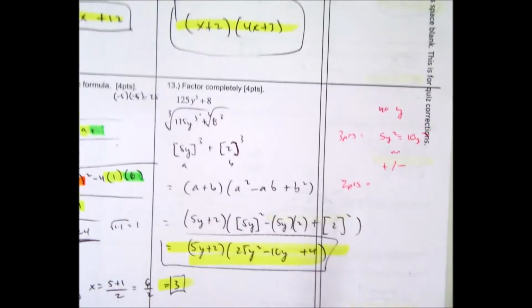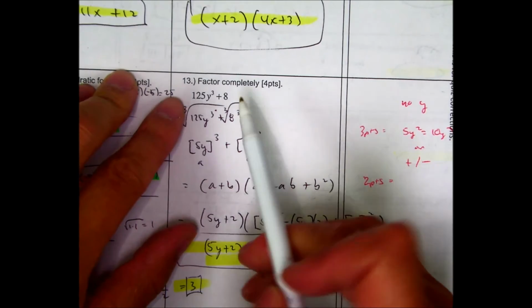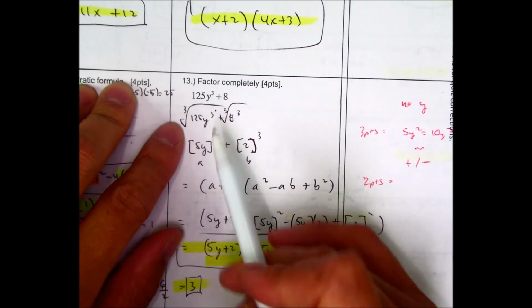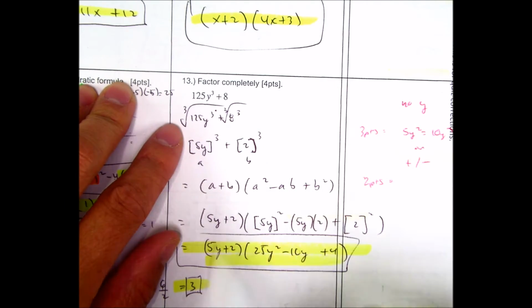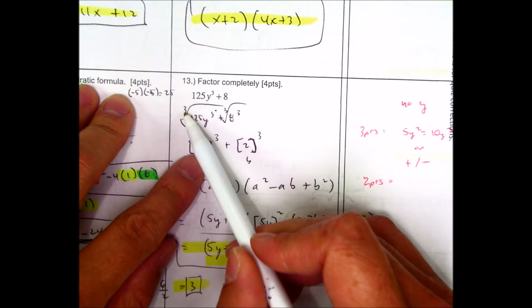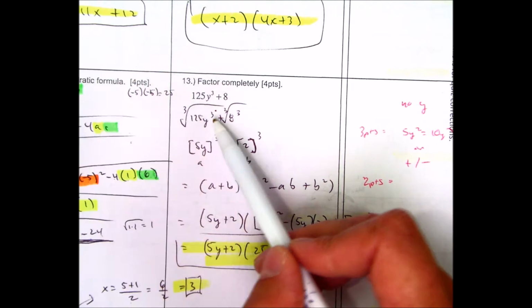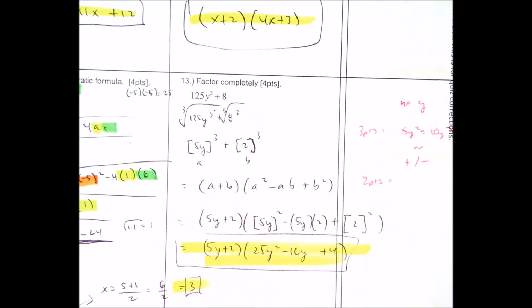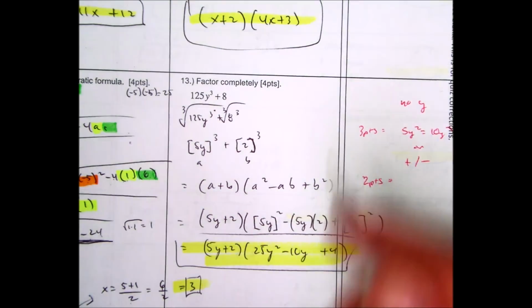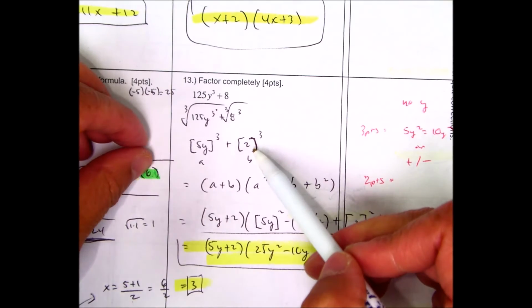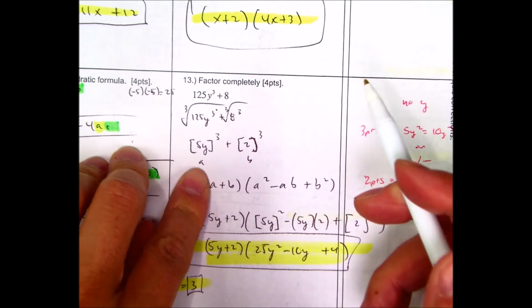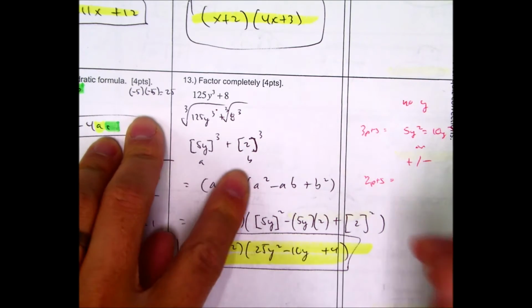Question number 3, factor completely, but this one has a power of 3. So you should take the cube root for both of those. The cube root of 125 is 5, and the cube root of y to the third is y. And the cube root of 8 is 2. So your a value is going to be 5y, and your b value is 2.